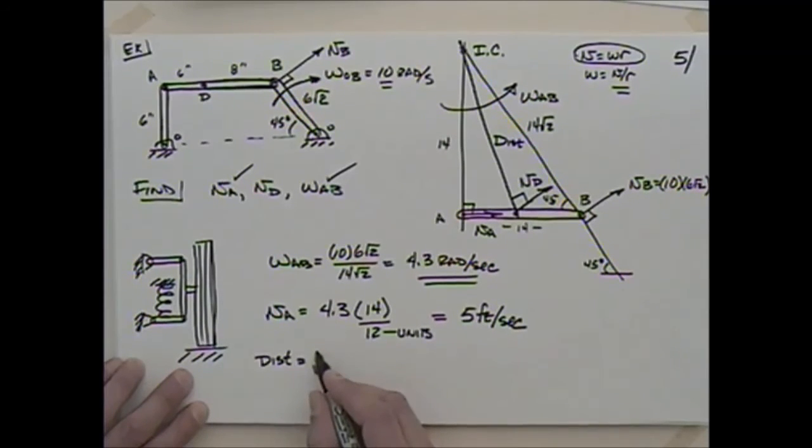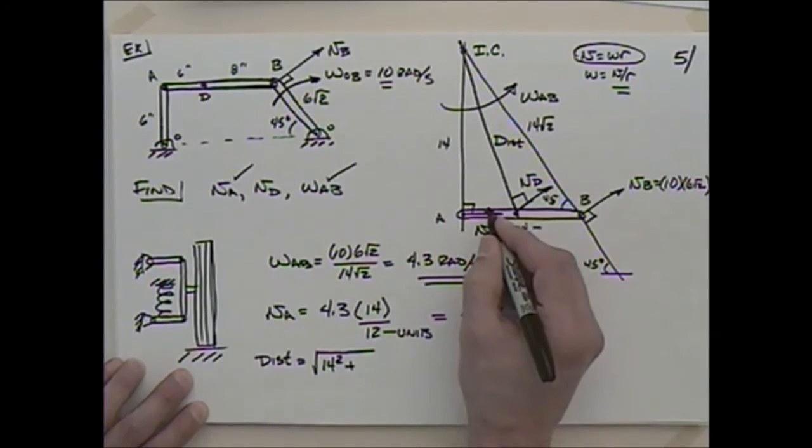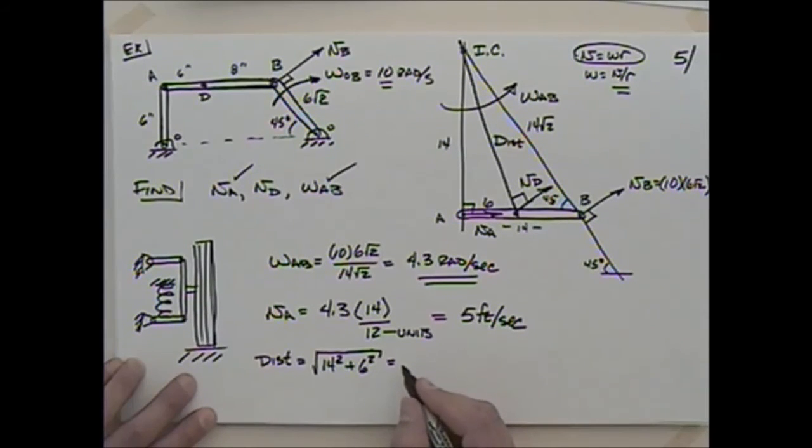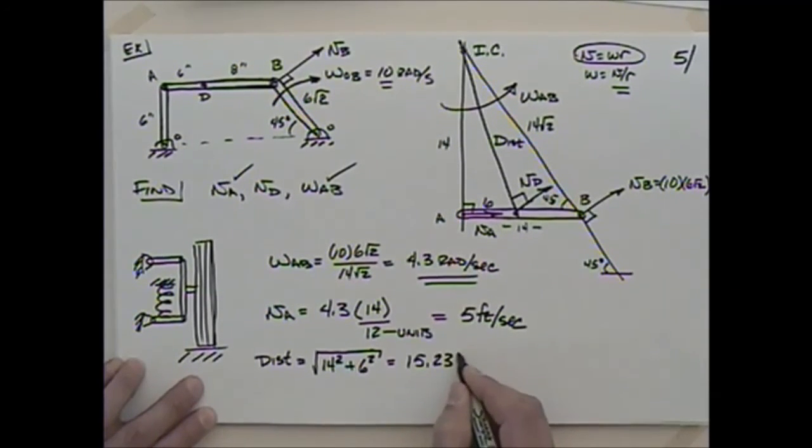Yeah, the square root of, what's this side? 14 squared plus what's this side over here? 6 squared, which gives me, what, 15.23 inches. Okay, so that's the distance.